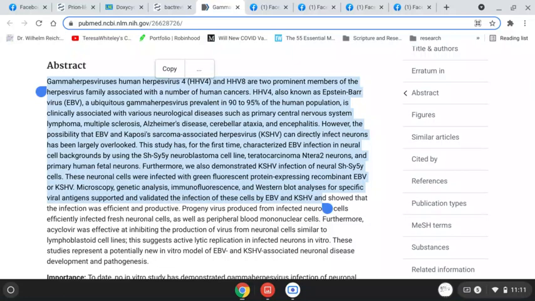Gamma herpes viruses, human herpes virus 4, HHV4, and HHV8 are two prominent members of the herpes virus family associated with a number of human cancers.